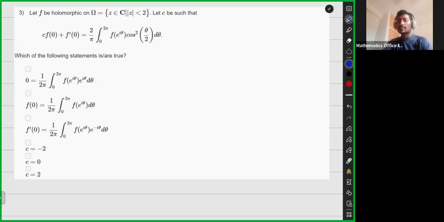Which of the following statements are true? This integral on the right side is a real integral. So how can we use complex analysis to get help from this?